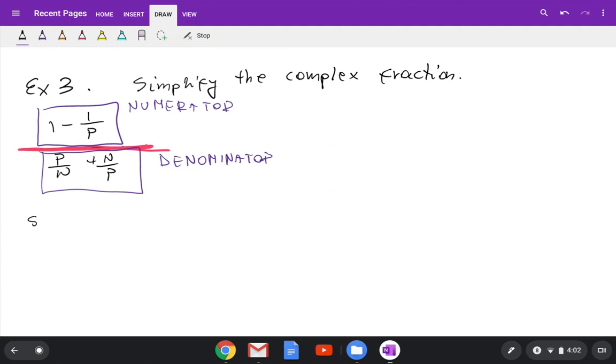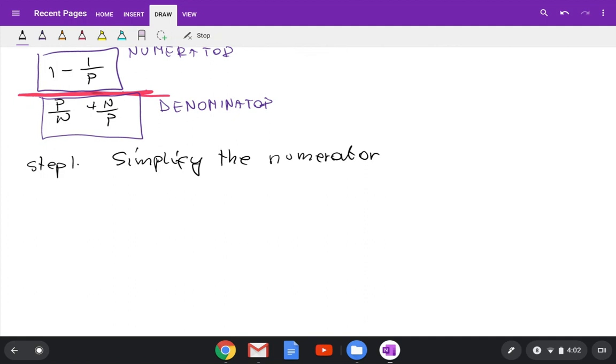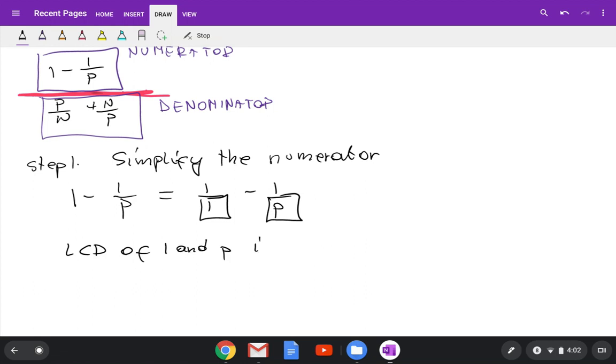So step 1, simplify the numerator. Okay, so the numerator is 1 minus 1 over p. So you need to get a common denominator. What is good about this problem is that 1 is easy to write as 1 over 1, minus 1 over p. So our LCD, least common denominator of 1 and p, is p.